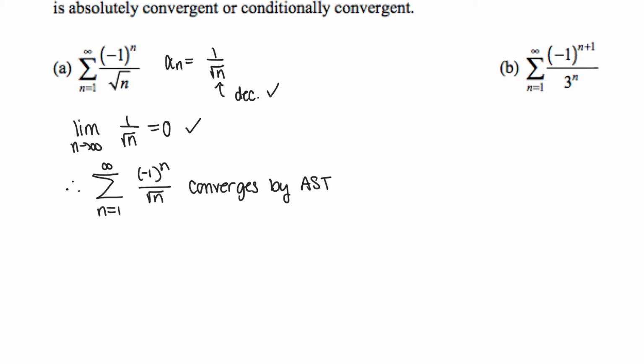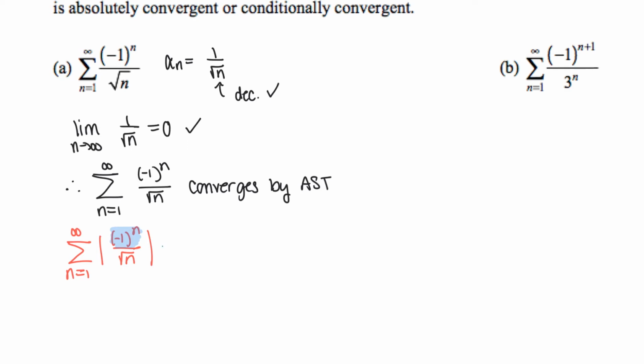But now I want to test for absolute convergence. If I'm going to test for absolute convergence, I'm going to take the absolute value of all of the pieces of my series. When I do that, the alternation goes away.